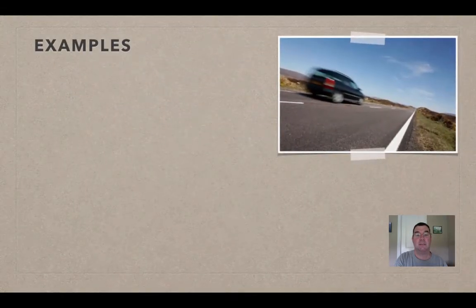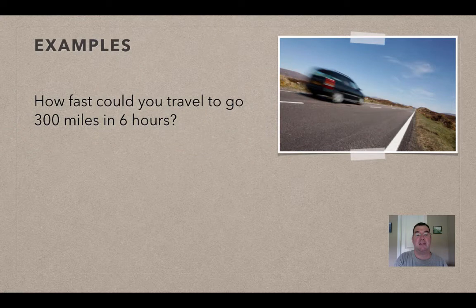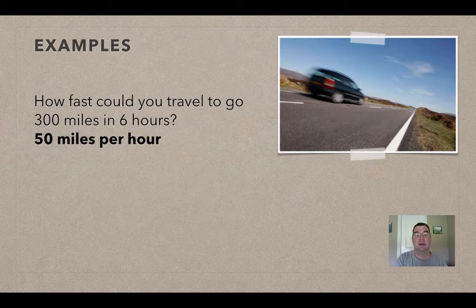Okay, so for example, how fast could you travel to go 300 miles in 6 hours? So how fast, that indicates a speed. So I want to know speed, so if I point to the S, then I will notice that D is over T, 300 is over 6, so that's 50 miles per hour.